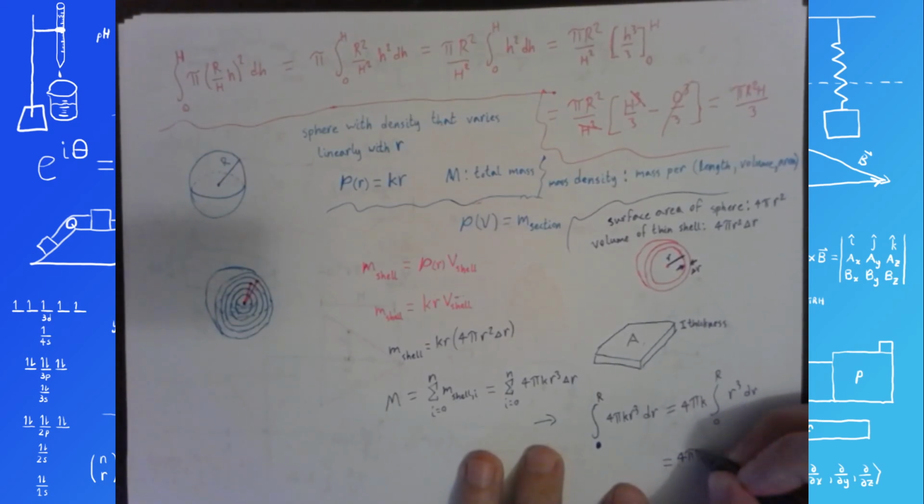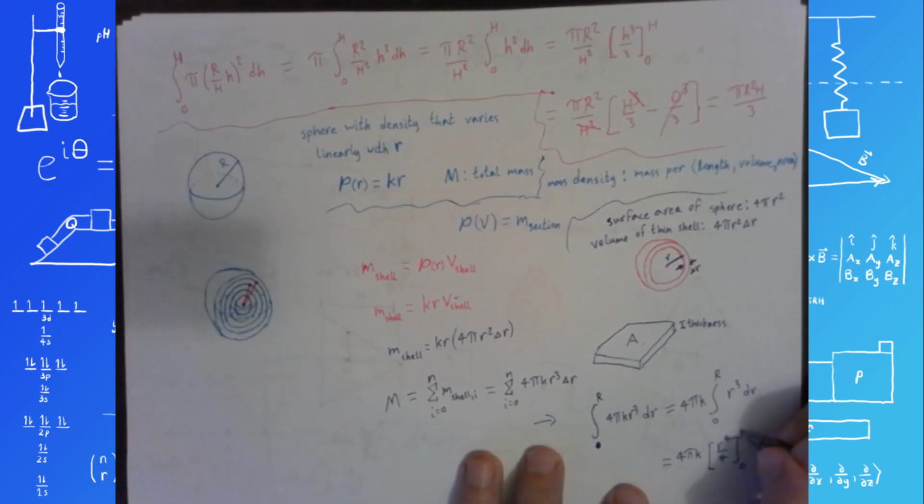So 4 pi k times r to the 4th over 4, evaluated from 0 to big R.